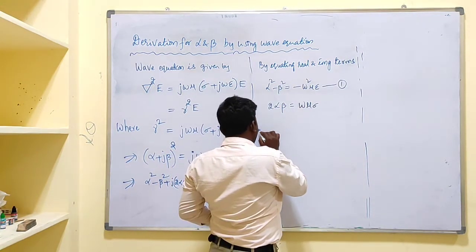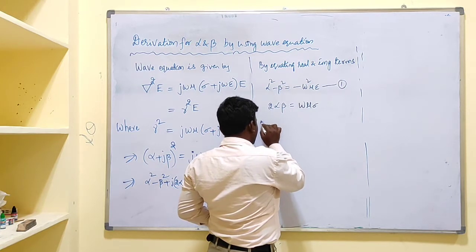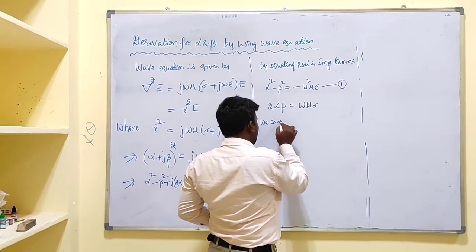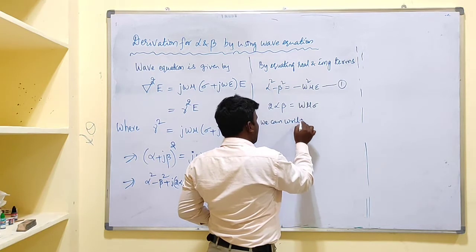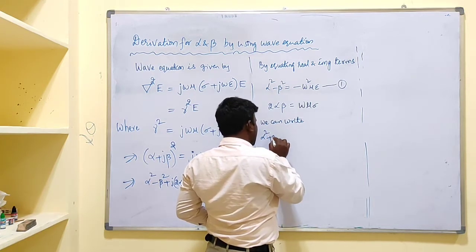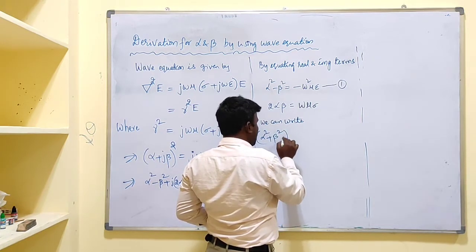Now we can write alpha square plus beta square whole square equal to what?